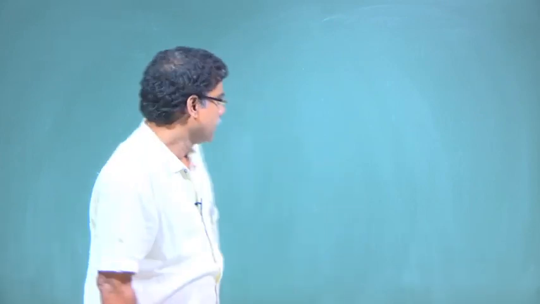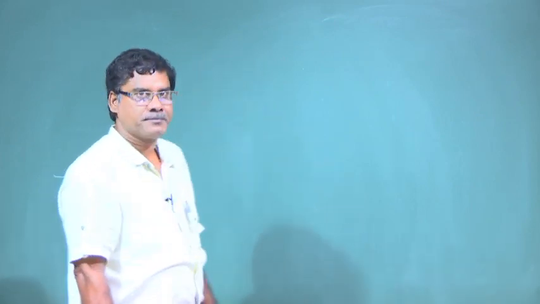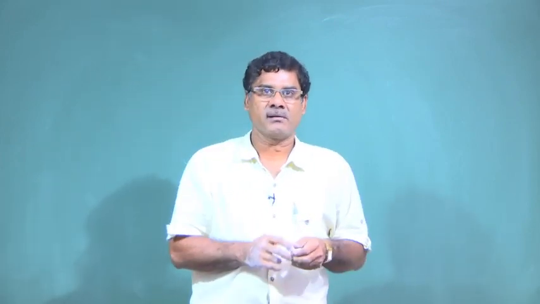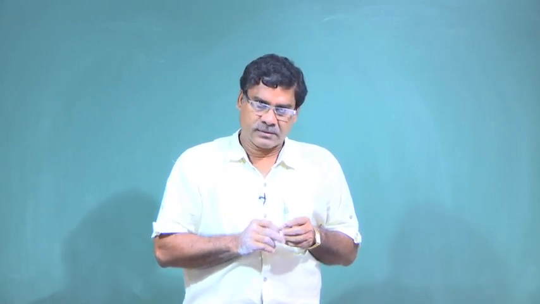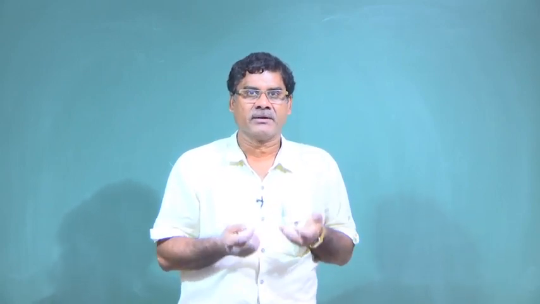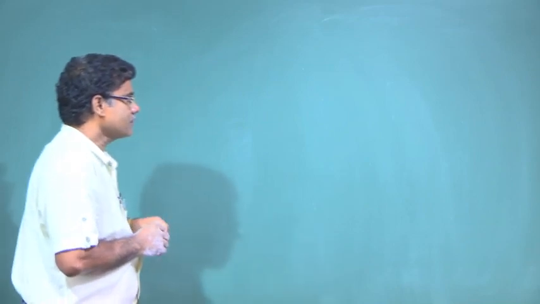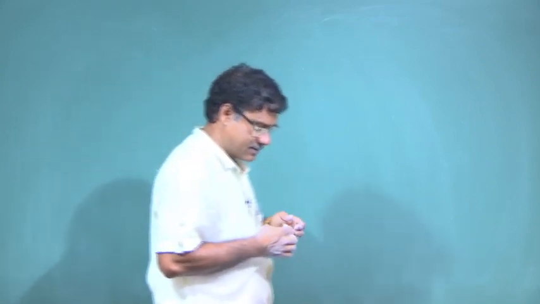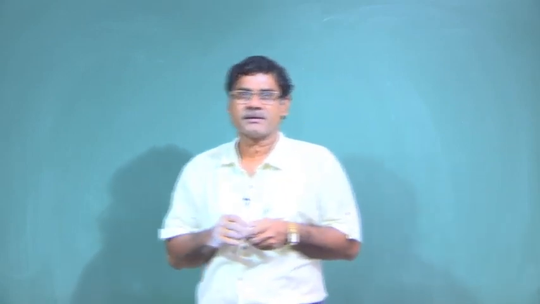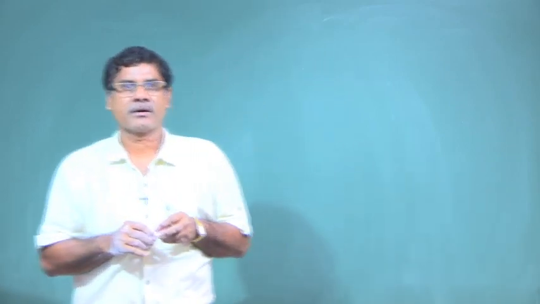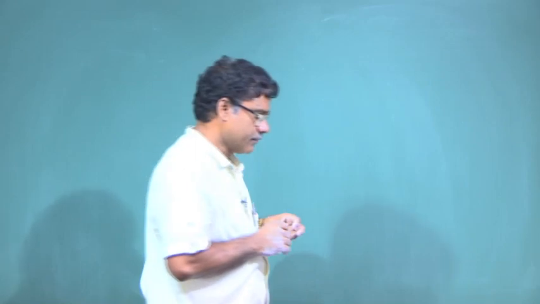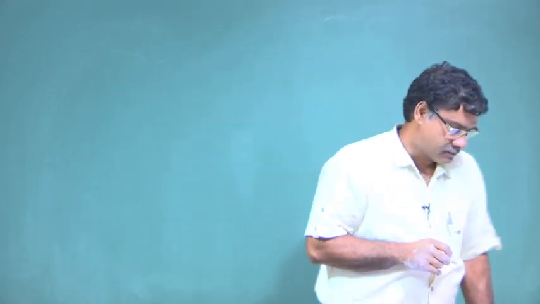So, in last class we have seen the success of the Bohr model, but there are also failures of this Bohr model, means there are some more things the Bohr model cannot explain.